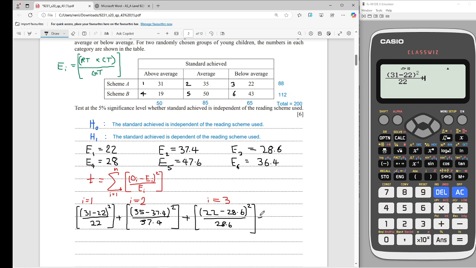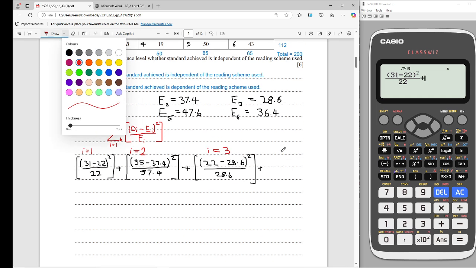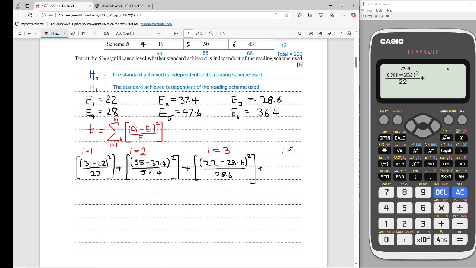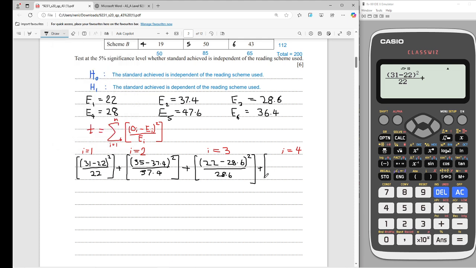This is added on when I equals 4. When I write I equals 1, 2, 3, 4, this isn't necessary. In fact, you don't even need to mention the formula, but this is just an easier way of understanding what we are doing. So let's just put these in the calculator first.